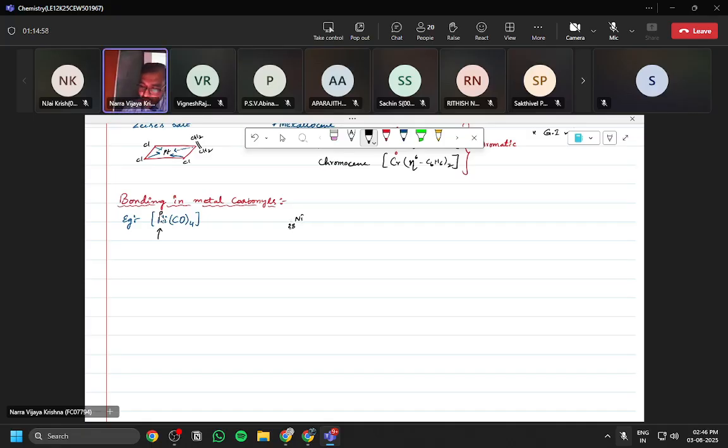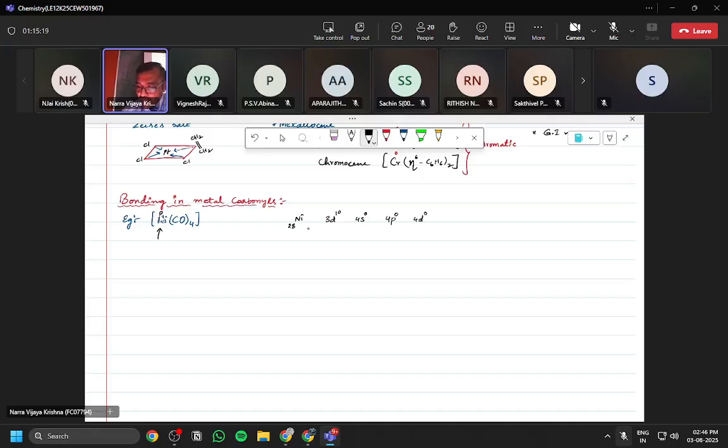Now see here. What is the outermost configuration? 4s2 3d8. What type of ligand is carbon monoxide? Then these two electrons also get paired up, so the configuration becomes 3d10, 4s0, 4p0, and 4d also.